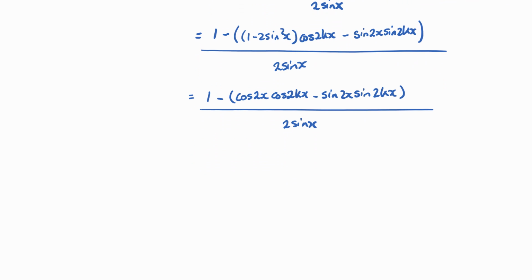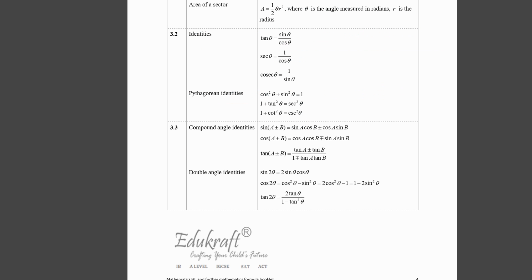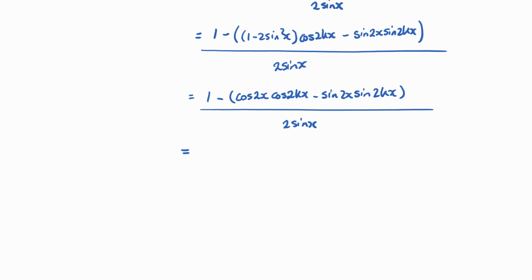We know that this is actually now the reverse of the compound angle formula, this one here, the cos formula. So if we apply that, we're going to get 1 minus, and this will be cos of 2kx plus 2x.